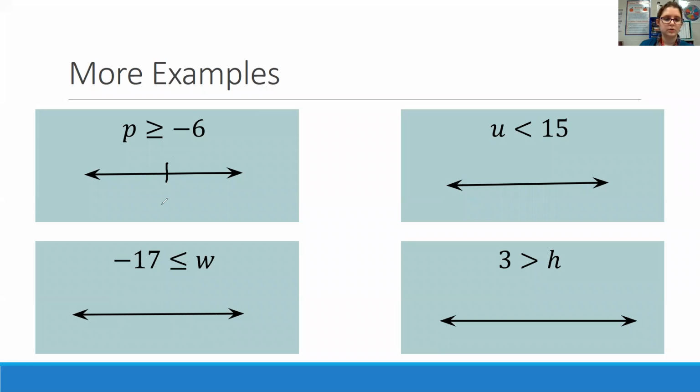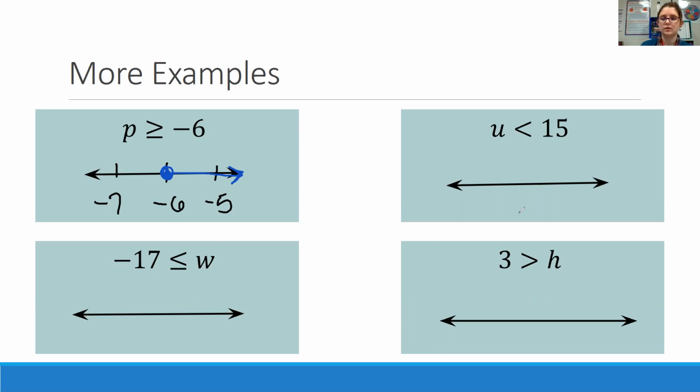Okay, so let's put in our numbers. -6, 1 smaller would be -7, 1 larger, -5. Is -6 greater than or equal to -6? And it is equal to, so we're going to use our closed dot. We want our greater than numbers, and we're going to shade to the right.